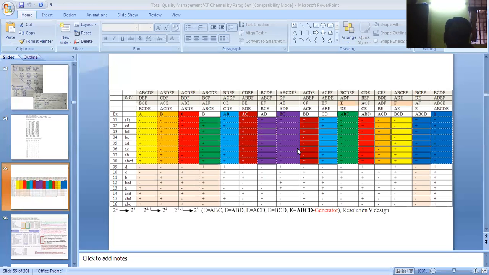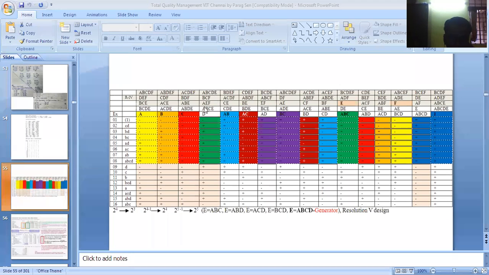What I'm trying to say is that if you introduce some new factor, for example D in this case, it will obviously match with some of the interactions of the earlier level design.